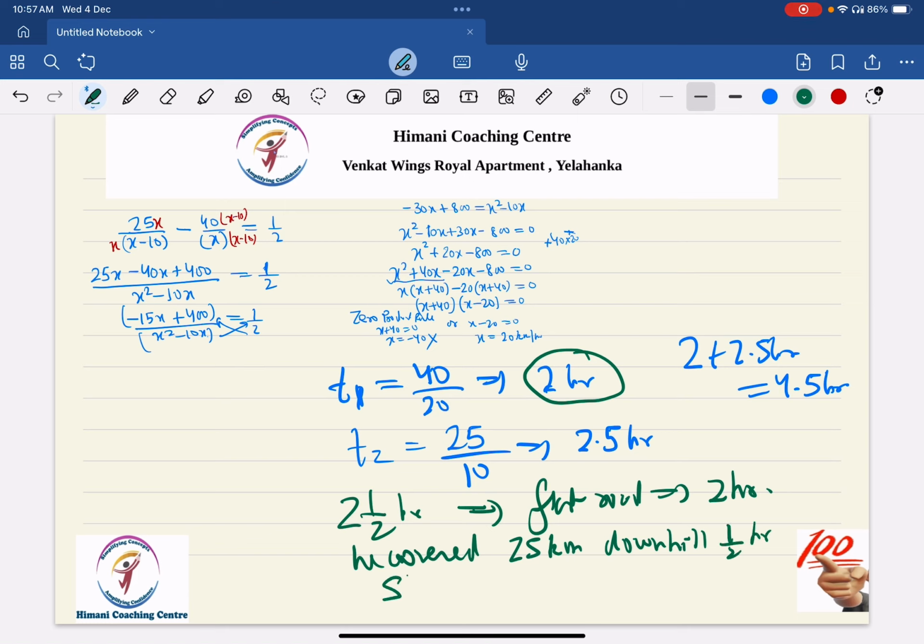So what would be the speed? Speed equals distance divided by time. So distance is 25 divided by half, or 25 into 2, which is 50 kilometer per hour. So this is how we solve this question. Pause the video and note down the steps.